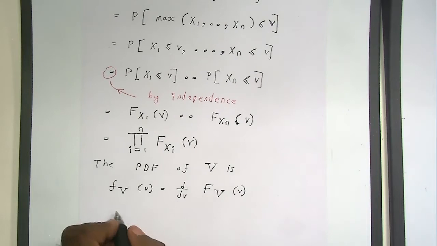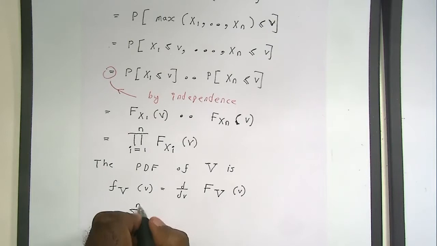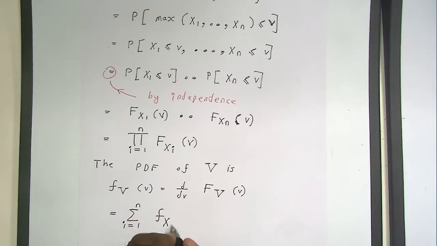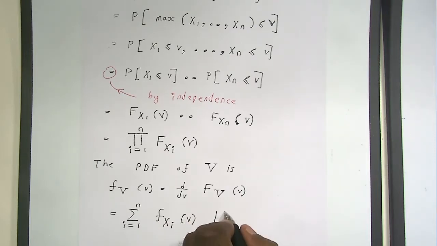So if you apply the product rule, this is what you will get: the sum over i from 1 to n of little f_Xi at v, times the product over j from 1 to n of F_Xj at v, with j not equal to i.